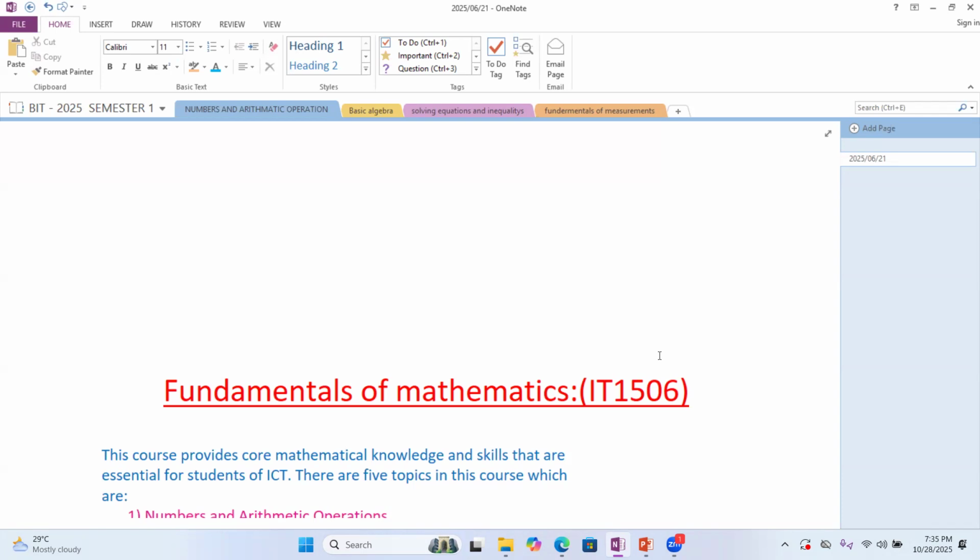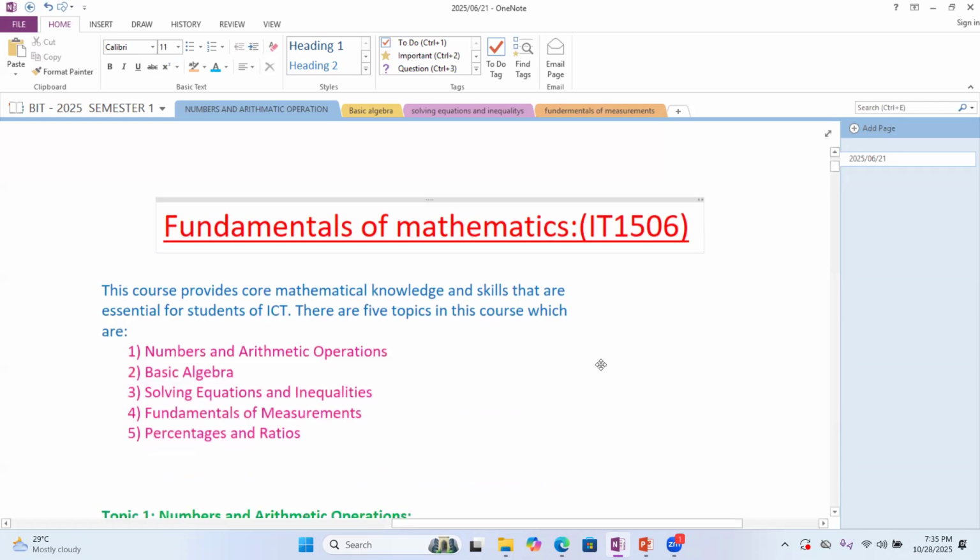There are 5 topics in this course, which are numbers and arithmetic operations, basic algebra, solving equations and inequalities, fundamentals of measurements, and percentages.